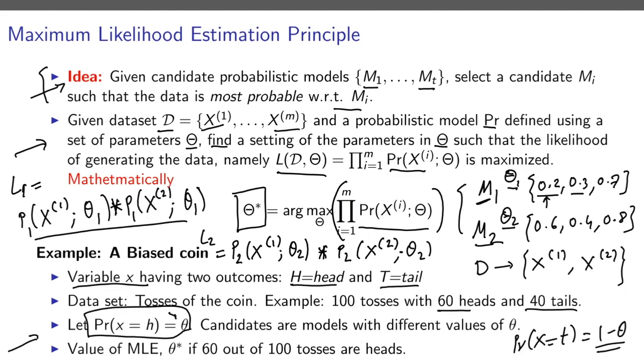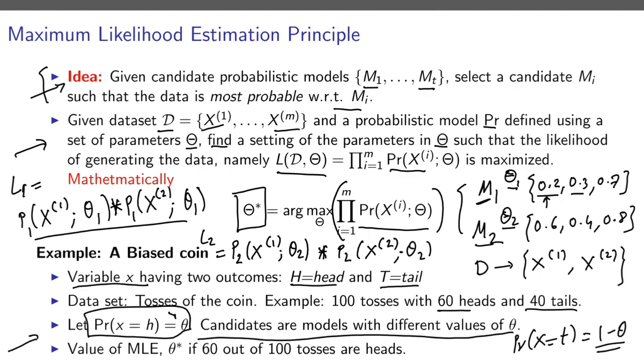So there is just one parameter in the set. Candidate models are those models that have different values of theta. That's my set of candidates.